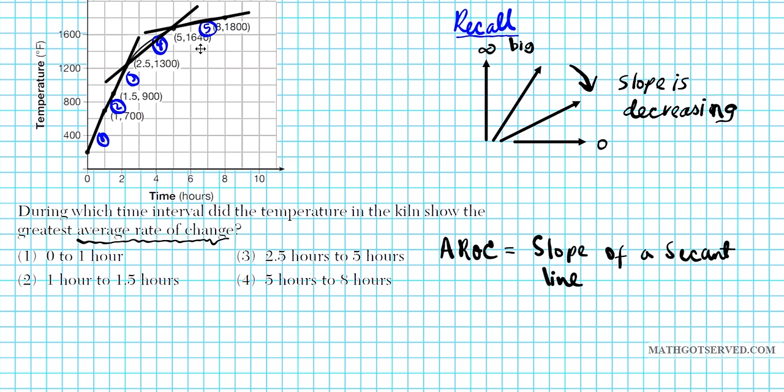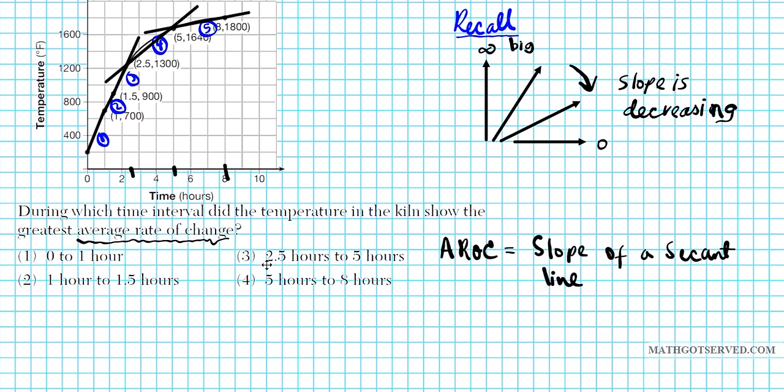Since interval 4 and 5 have a slant that's less than 1, 2, and 3, they have a smaller slope, which means they have a smaller average rate of change. So since they both have a smaller average rate of change, we're going to eliminate those intervals. Interval 4 goes from 2.5 all the way to 5, and interval 5 goes from 5 all the way to 8.